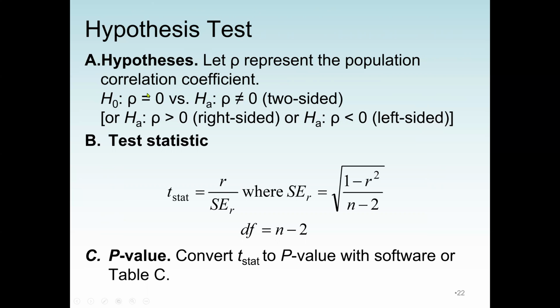If it's equal to 0, it means there's no relationship, so our null hypothesis says there's no relationship. Or we can say HA is not equal to 0, which is two-sided, or greater than 0, which is right-sided, or less than 0, which is left-sided. When we know the H0 and the HA, we can do our test statistic.